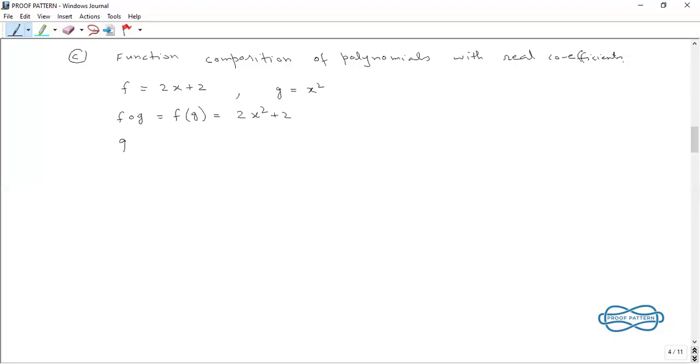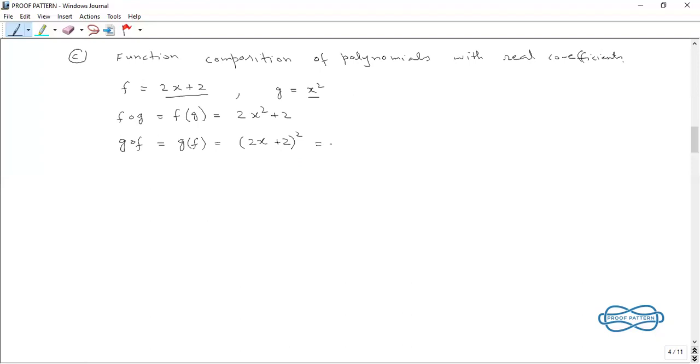And now g of f is equal to 2x square plus 2, sorry, it is not square, it is 2x plus 2 whole square, because wherever there is x in g, we have to put the whole value of f.